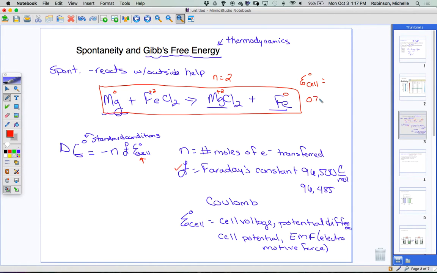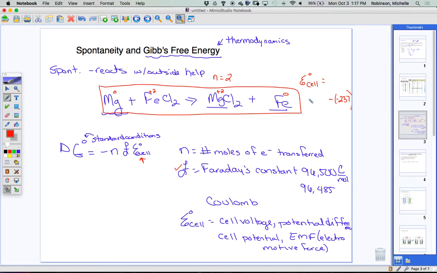0.77? Is that what iron is? Okay. And then minus whatever the magnesium is. What's the magnesium? Wait, no, it's negative 0.45. I was looking at iron 2. Oh, not iron 0? Yeah, it's negative. Okay, all right, let me change it without erasing half the board here. I always do that. Okay, so this number, we looked at the wrong iron.